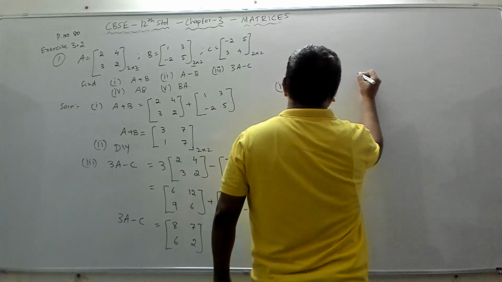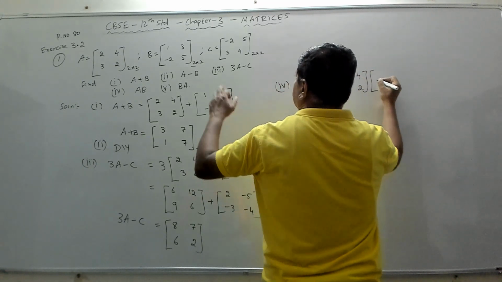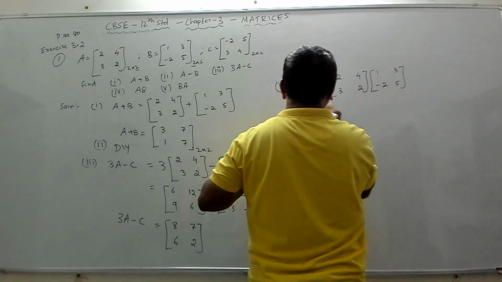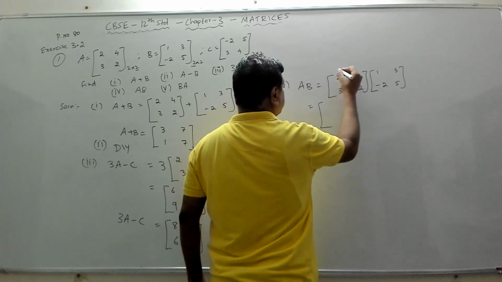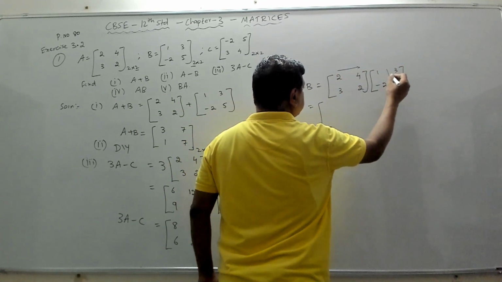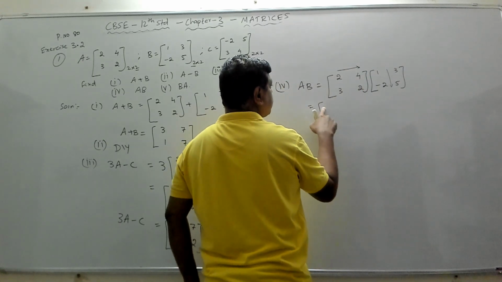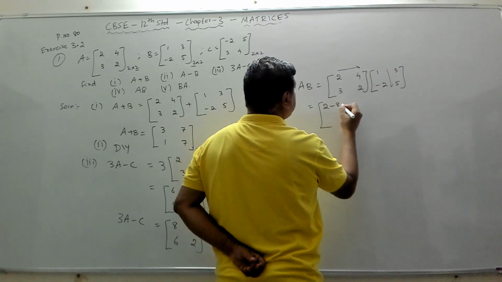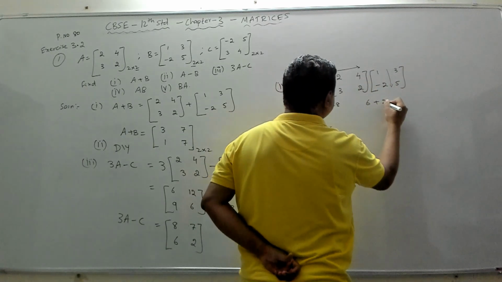So 2, 4, 3, 2 times 1, 3, minus 2, 5. Now if you multiply, we get 2 into 1 is 2. So first row with first column, right? That is the first element of the resultant matrix. 2 into 1 is 2, 4 times minus 2 is minus 8. And 2 times 3 is 6, 4 times 5 is 20.